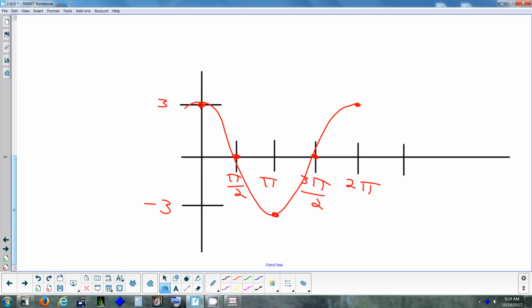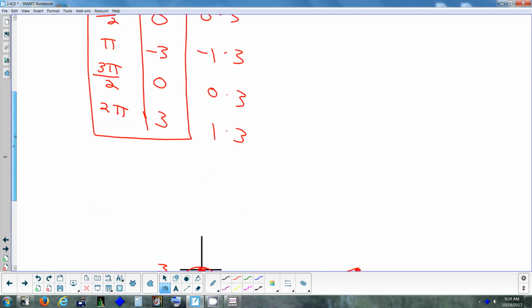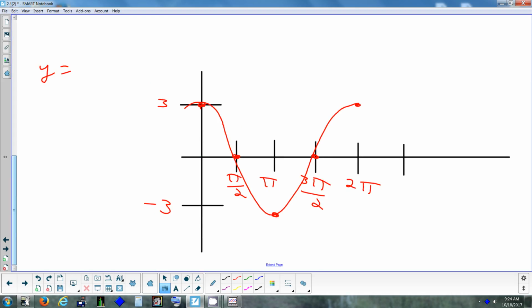Okay, a lot of graphs today are going to look very similar. Because let's say instead of 3 cosine x, I made the problem 5 cosine x. Does anybody see 2 things I could change on that graph very quickly, and then I would have that graph? Yeah? Just change the values on the y to 5. Yeah. If you just change these 2 values to 5 and negative 5, well, now you've got a graph of 5 cosine x.